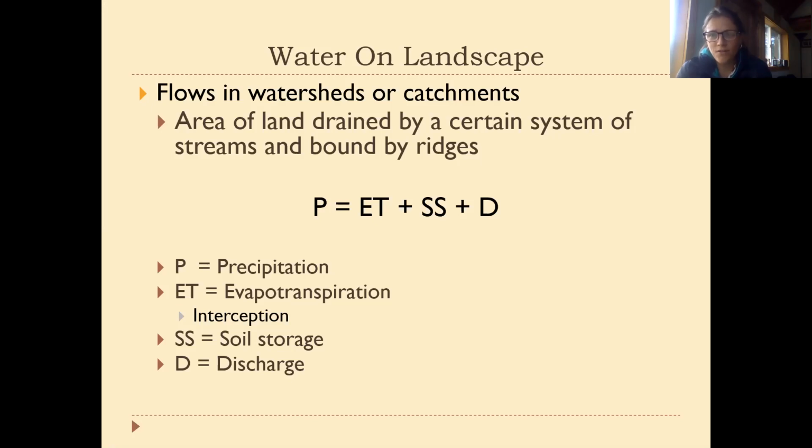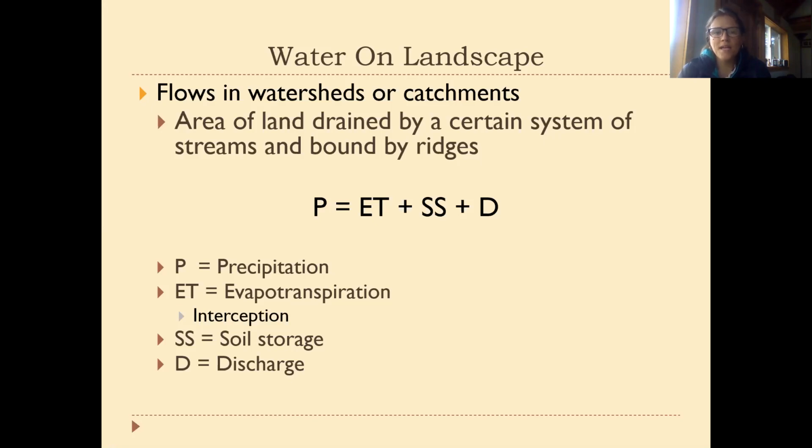Now, of course, we have a lot of manipulation of water these days, so we might be pumping water in, channeling water in from a different area and using it as irrigation and whatnot. But in the natural setting, the water comes from the atmosphere as precipitation. That may be rain or snow. And then it has three potential outcomes, places that it can go from there.